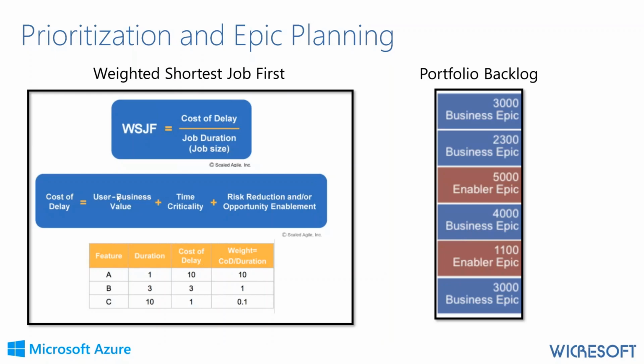So you can see how cost of delay is calculated. I think for time's sake, I will get to what the actual score is, and you can see that the highest duration epics, if these were epics, are going to actually receive the lowest score.